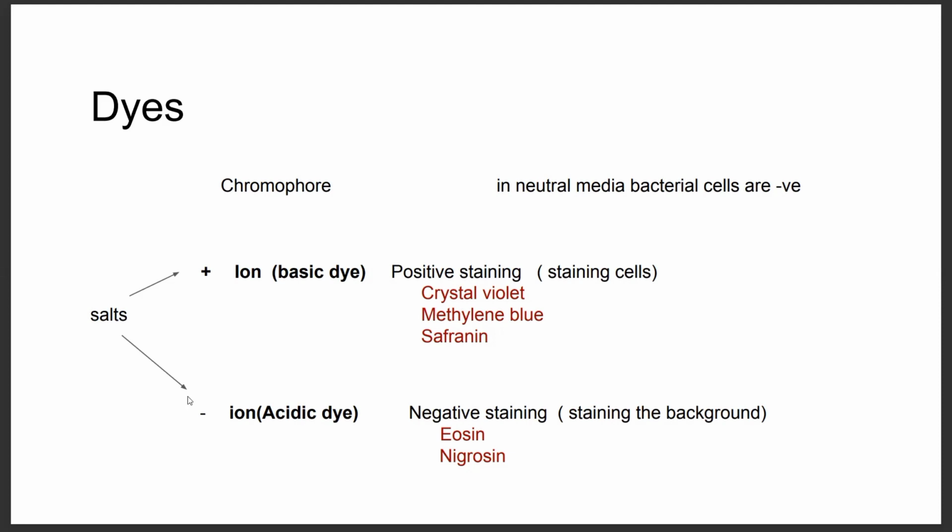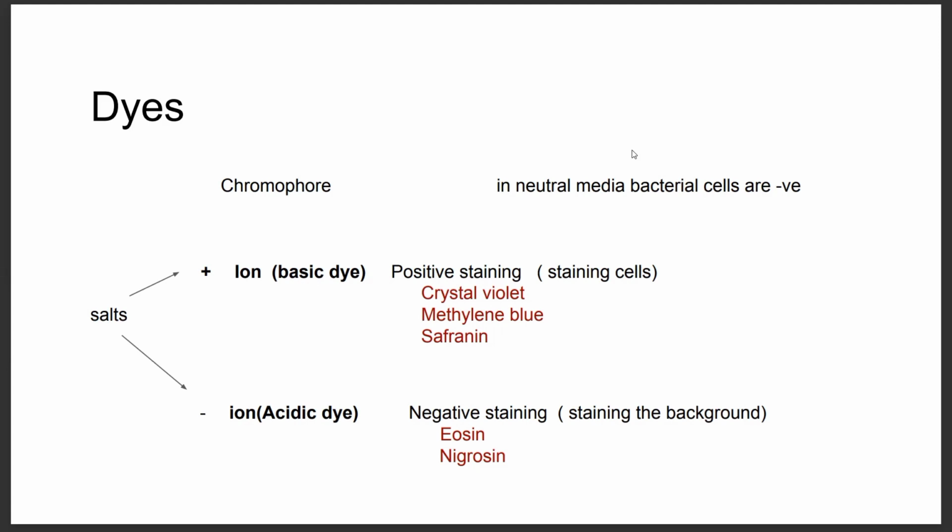So, if we add a basic dye, කියන්නේ මොකද්ද? Positive ion එක. If we add a basic dye to color this bacterial cell, the bacterial cell is negatively charged and the dye is positively charged. Positive ion. So what will happen? Positive and negative ions will attract each other.